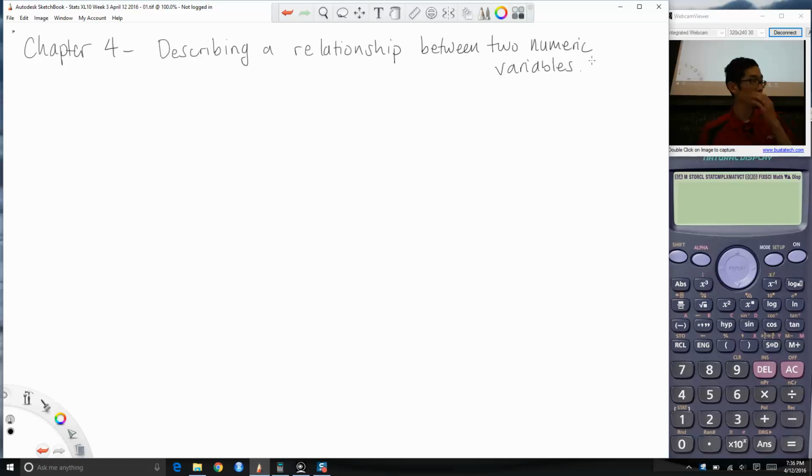The key here is that we are looking at two numeric variables, so both of them have to be numeric. You cannot have one of them being categorical or both of them being categorical. Here we're talking about two numeric variables.